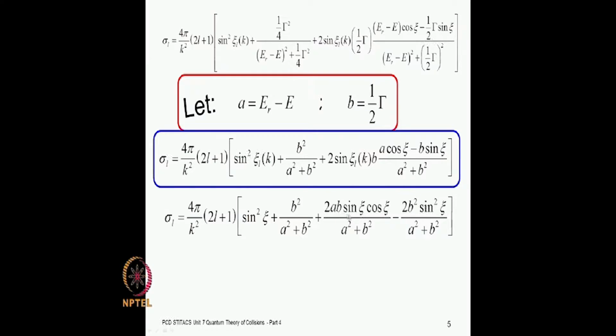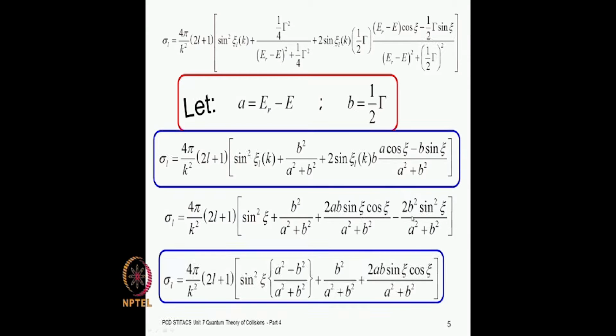And then you rearrange the terms because you have two terms coming from here, one coming from the multiplication of twice psi sine xi b with a cosine xi, and the other when you multiply this factor with b sine xi. So you get these 1, 2, 3, 4 terms, and then you combine the terms in sine square xi because you have got sine square xi over here and a sine square xi also in the fourth term.